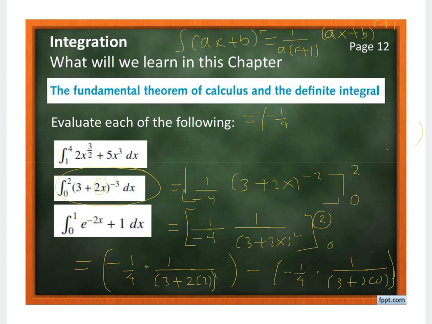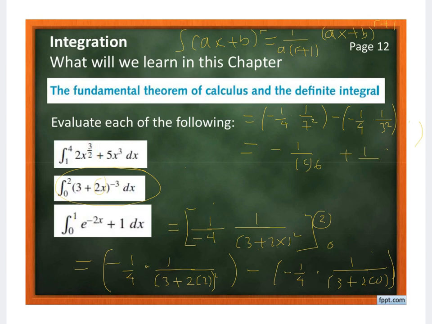Equal negative 1/4 multiplied by 1 over 7 square minus negative 1/4 1 over 3 square equal negative 1 over 196 plus 1 over 36.